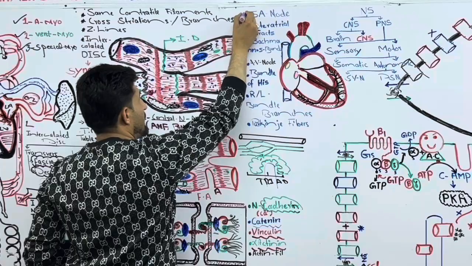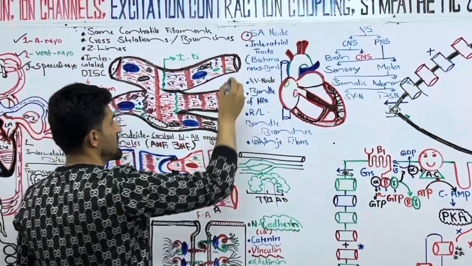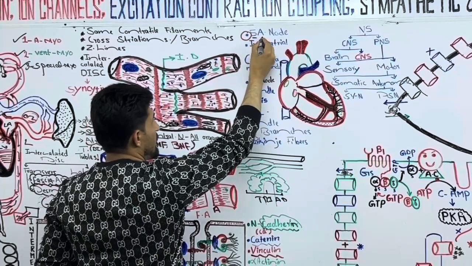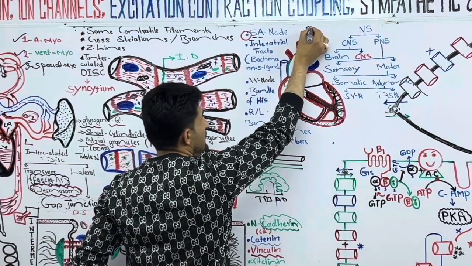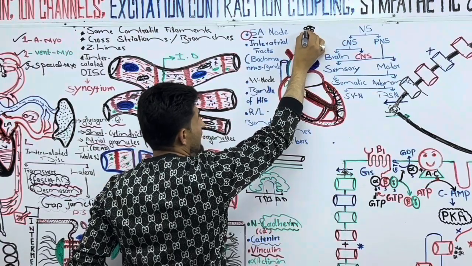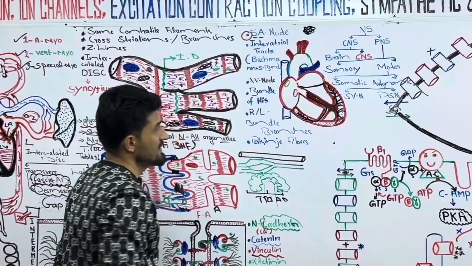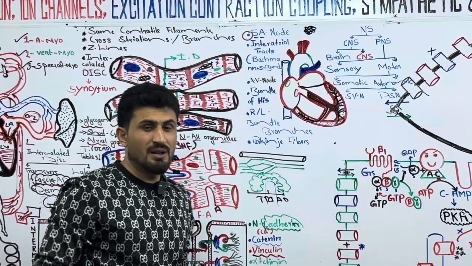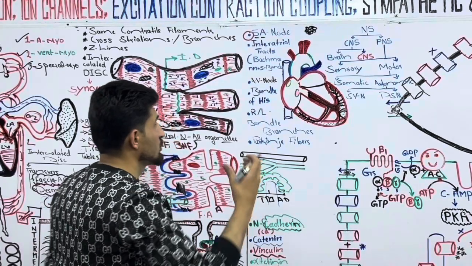The first one is made of the AC node. I talked about all of them in the previous lecture. The AC node is also called the sinoatrial node, and it is a group of cells that have fewer contractile filaments.